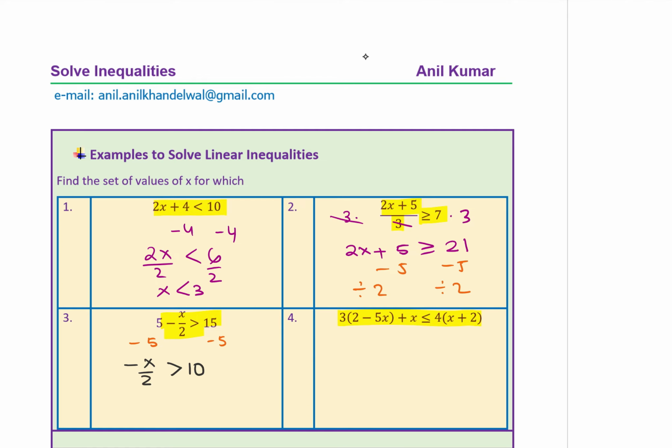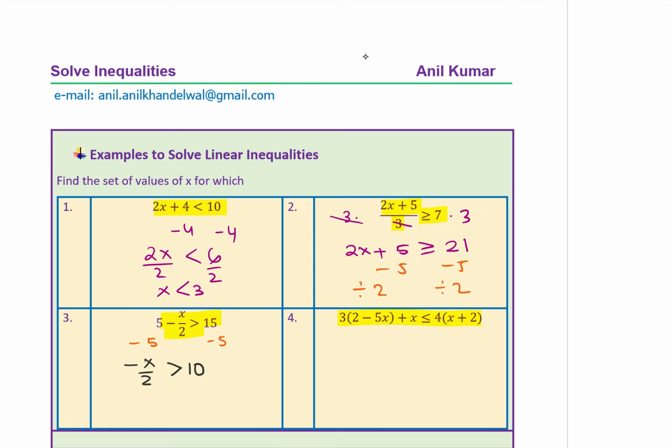Now the negative sign comes. What should I do now? In this case, I have to now multiply by 2, right? Or minus 2. Then we'll solve further. Correct? When we do multiplication by minus 2, then what happens? The sign changes.